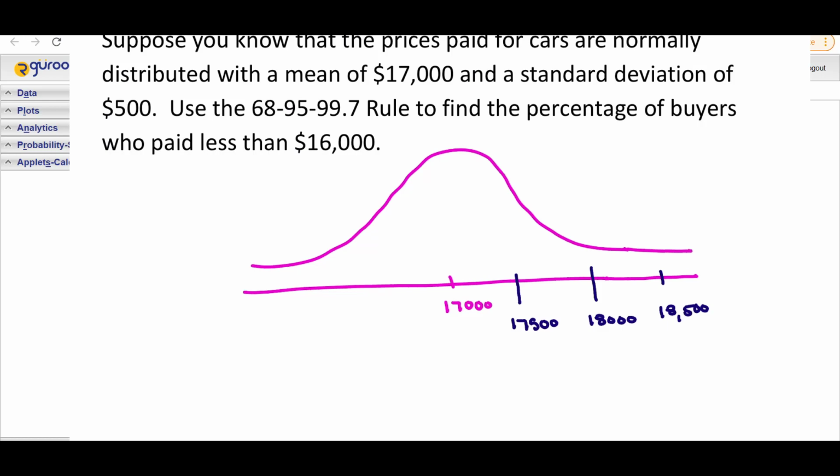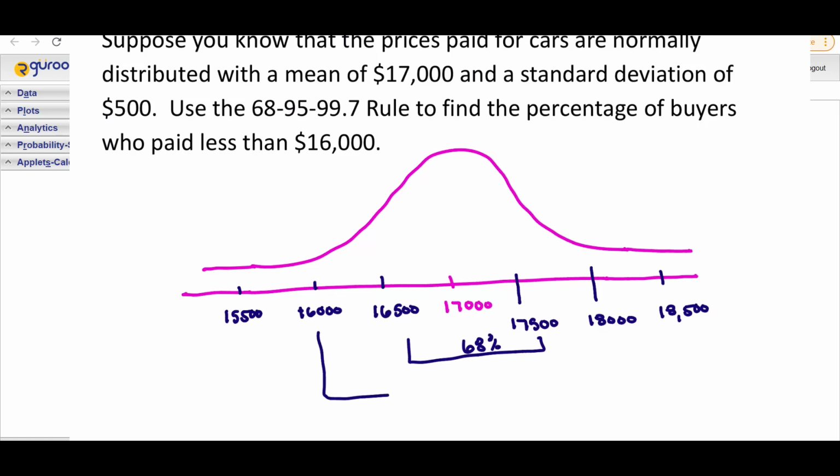And then if we were to go out the other way, if we subtracted 500 each time, we would get 16,500, minus 500 would be 16,000, which is actually what we're interested in, but I'll go ahead and go with one more, 15,500.